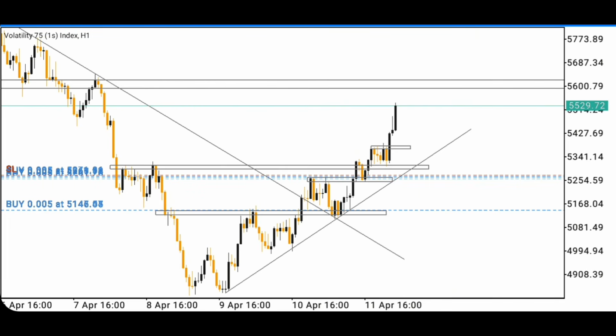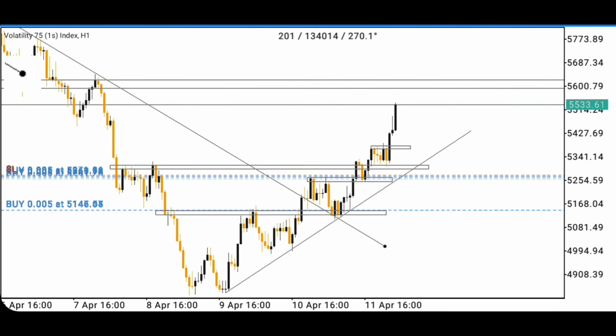If you have been trading Volatility 75, you will notice that this is one of those indices that trend for a very long time. And there is this trend line right there that shows us that the market is still bullish, and we have already broken this bearish trend line, and we are now in a bullish direction.